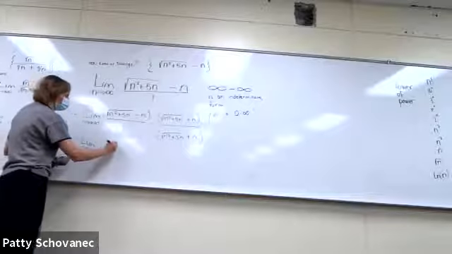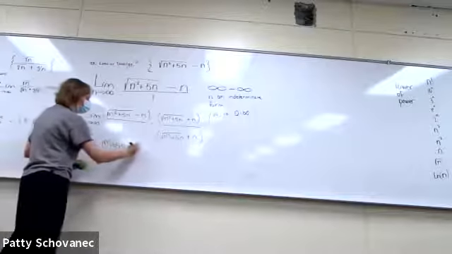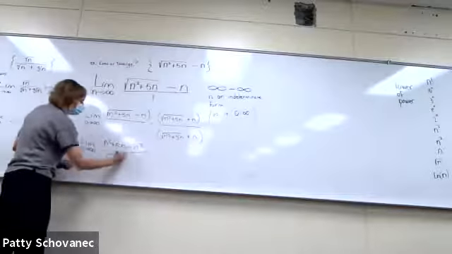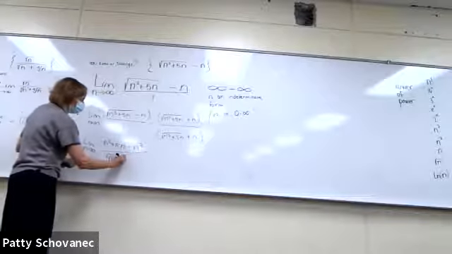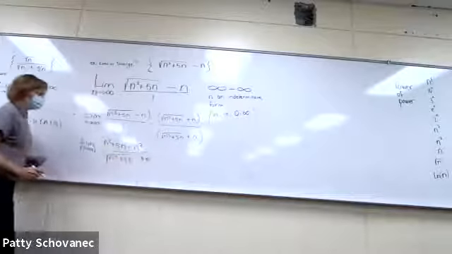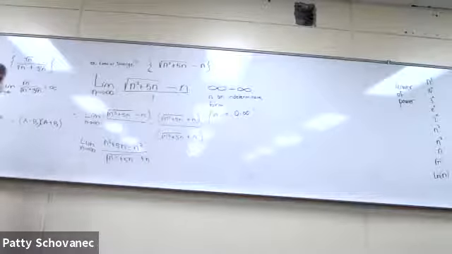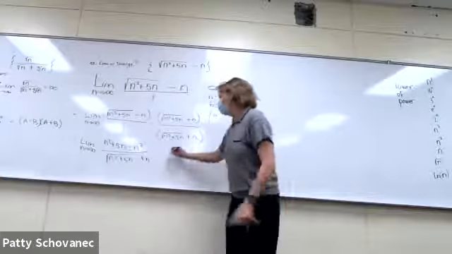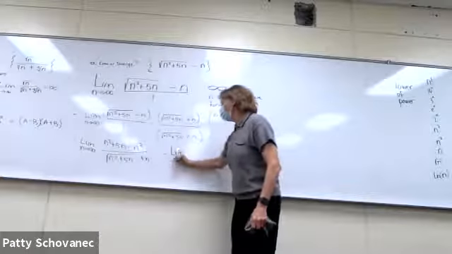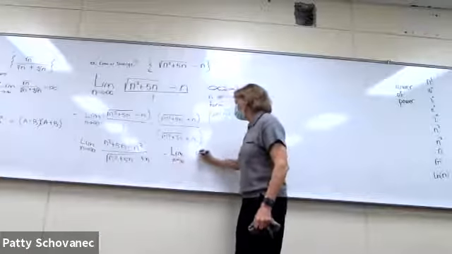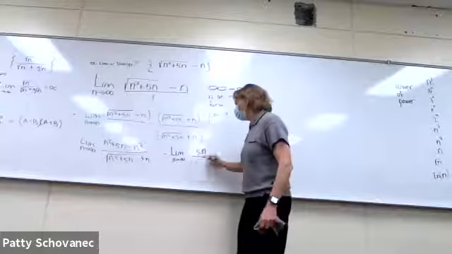So I get n squared plus 5n minus n squared over this. We're almost done. So I lose the n squareds. I get a 5n over this.